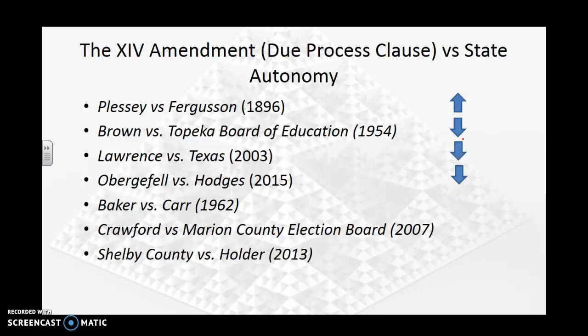And Baker versus Carr was to do with redistricting and the thorny issue of gerrymandering. In that instance, the federal government won, and they were able to impose a shape and structure on redistricting. Crawford County and Shelby County, on the other hand, in both of those instances, we see the Supreme Court finding for the state and state election laws.